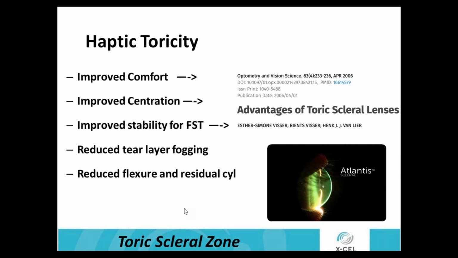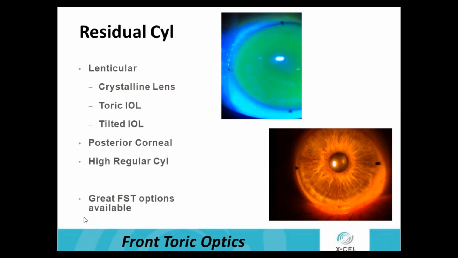If we continue to have residual cylinder, because we are fitting more and more normal corneas and these high astigmats, and we'll have a diopter and a half of residual cylinder, then we can move to a front toric lens. The toric haptic will be our stability method for that front toric lens. So we'll use that haptic toricity to orient the lens and get a sense of rotational stability.